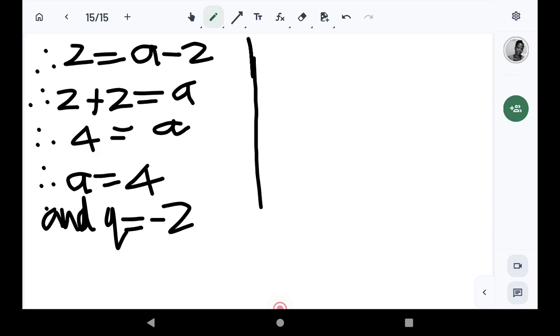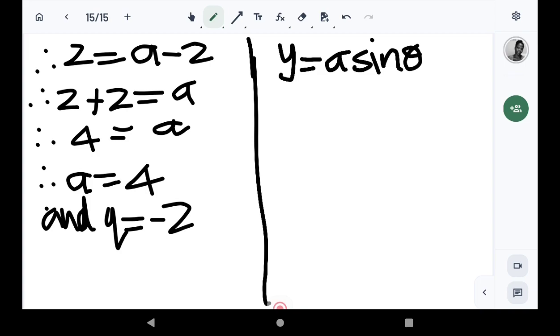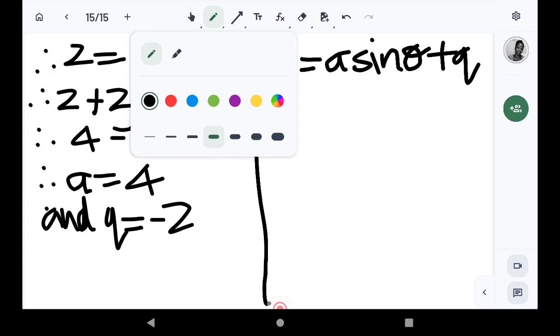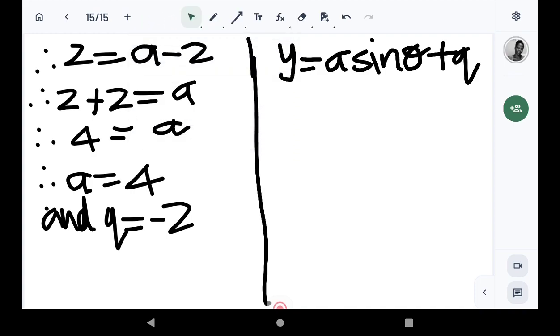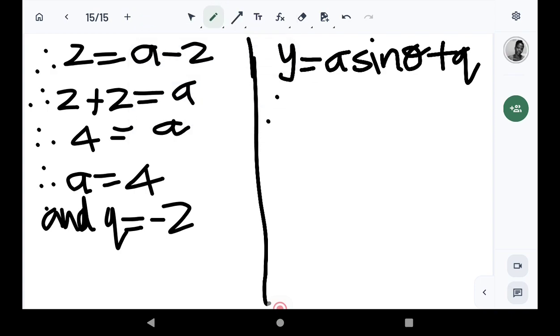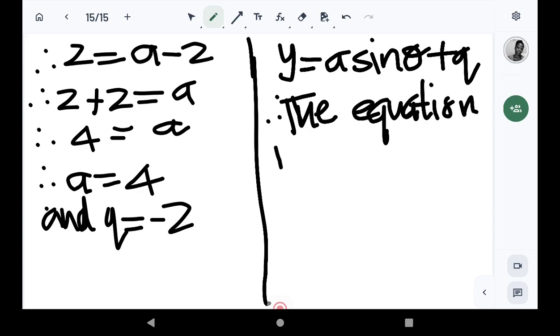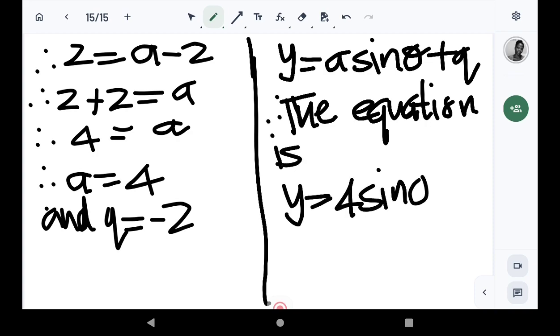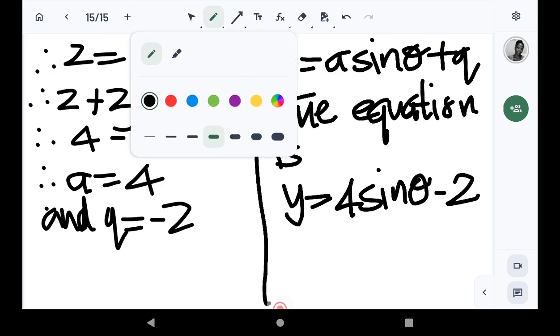Remember, your equation is y equals A sine theta plus q. Your A is 4 and your Q is negative 2. Therefore, the equation is y equals 4 sine theta minus 2. That is the equation.